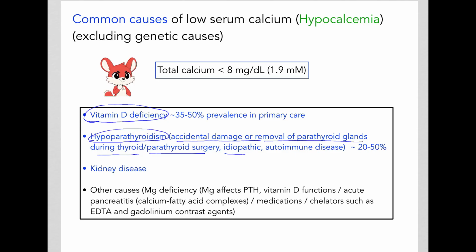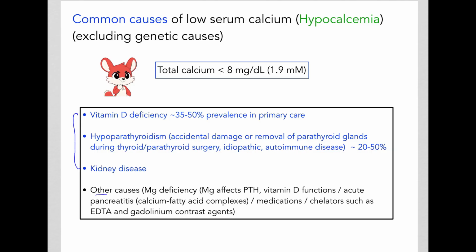There could be idiopathic reasons, unknown reasons for hypoparathyroidism, and hypoparathyroidism could be due to autoimmune disease. And another common reason for hypocalcemia is kidney disease. So we shall look at these three.